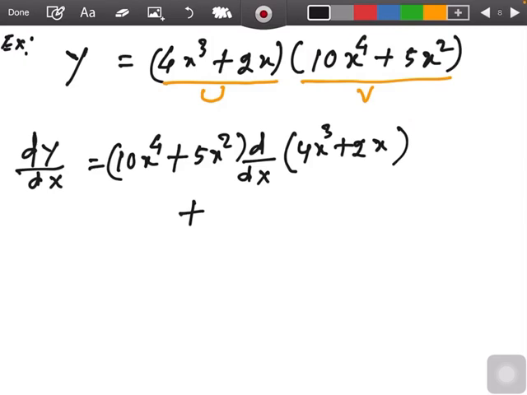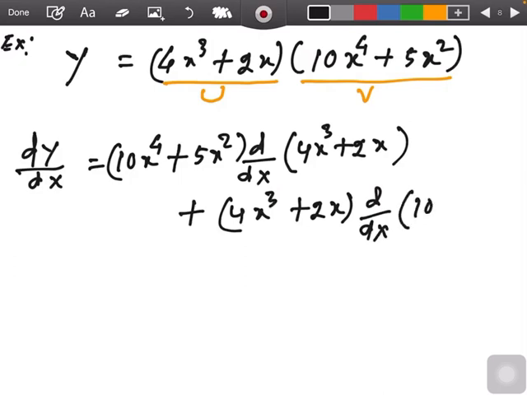Now u, 4x cube plus 2x into derivative of v, that is your 10x to the power 4 plus 5x square. Now simplify it.